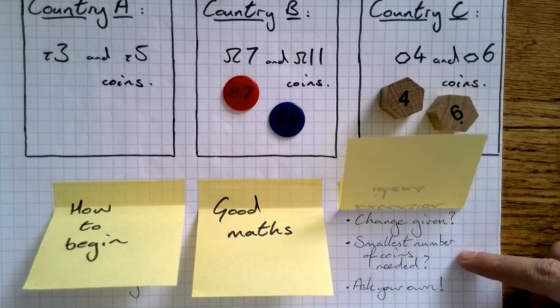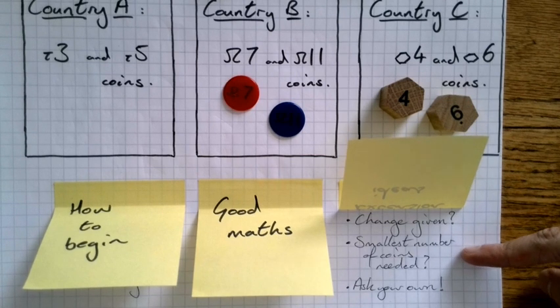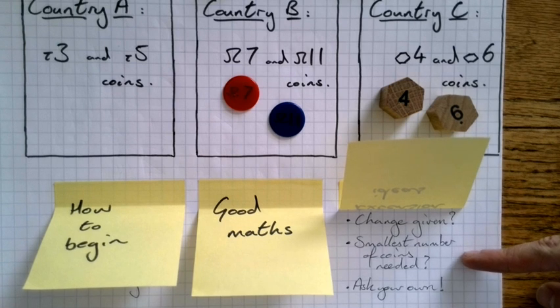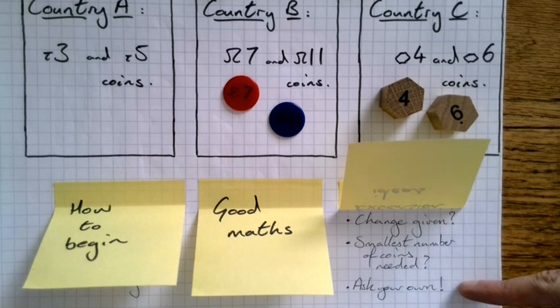I paid for my Coca-Cola, my 22 twonk Coca-Cola, using a certain number of coins. Could I have done it in fewer coins? What's the smallest number of coins needed to get each value? You might come up with your own questions, and that's great. Ask your own questions and try and answer them.